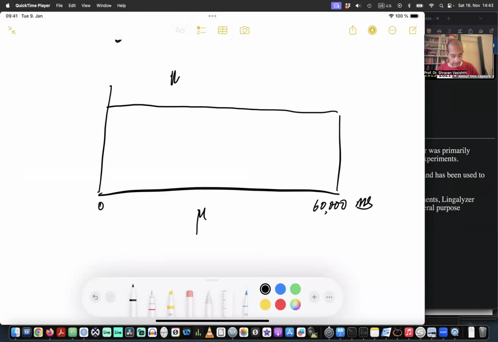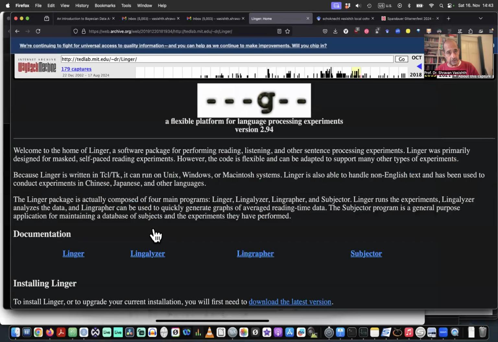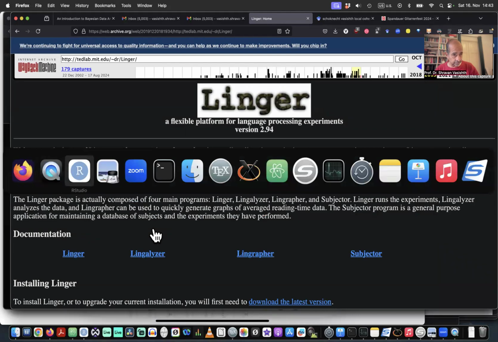That's what a uniform prior implies on the mu parameter, which is very, very unrealistic, but as you will see, it's not exactly harmful. It's not going to be very influential in determining what's going to happen here.